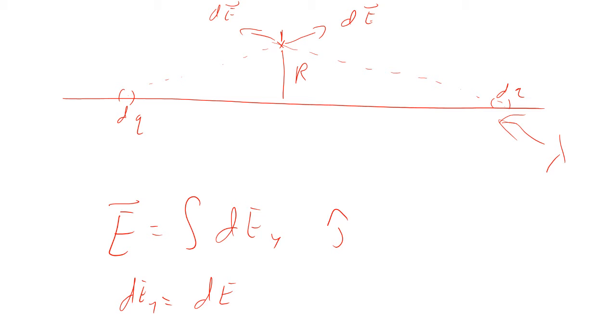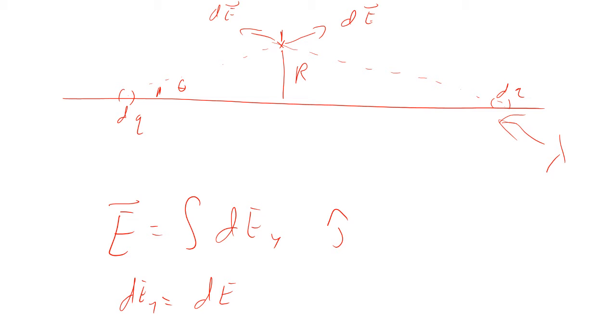And so we look at that and say, well, we need that component right there. So right here, we've got an angle theta, and we would just want the vertical component.